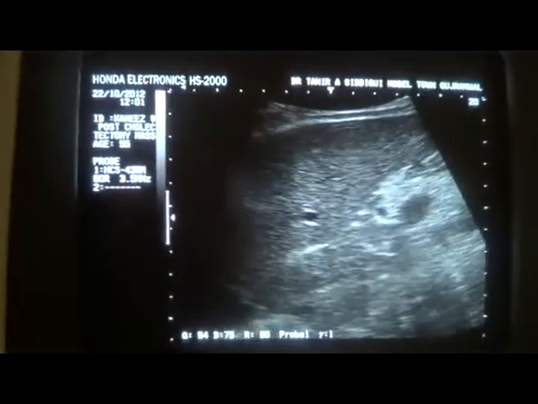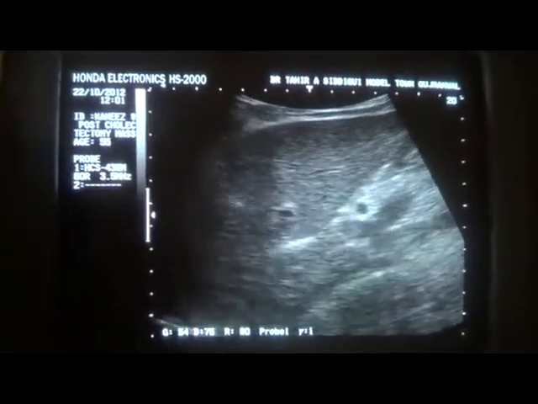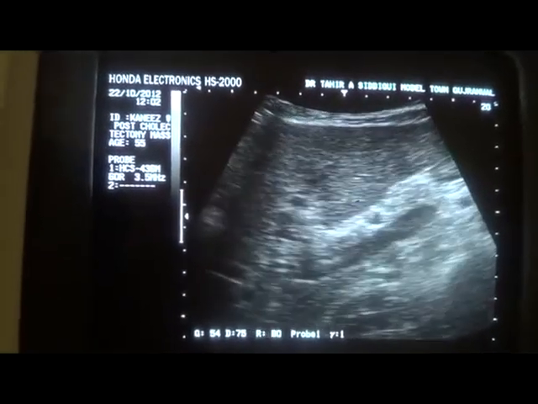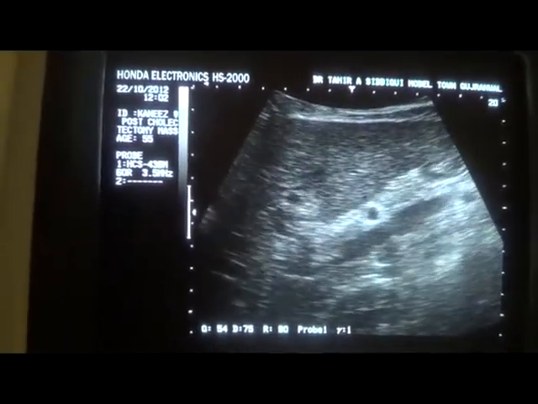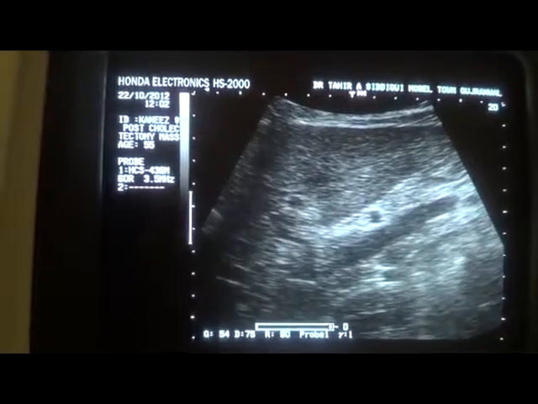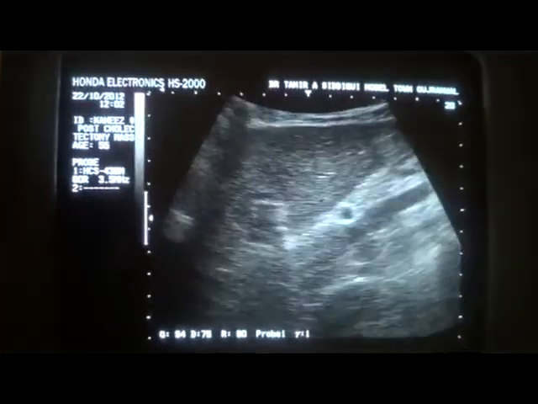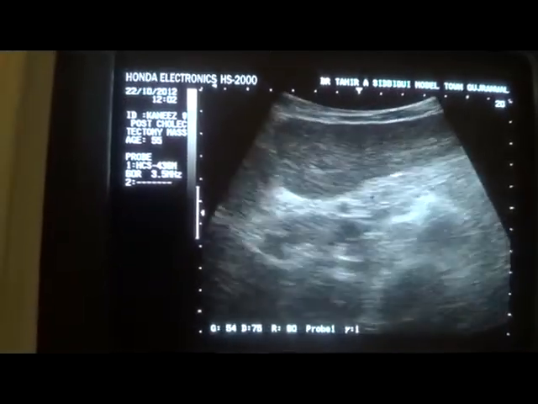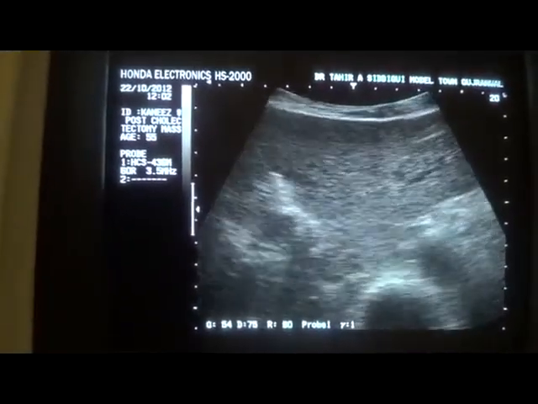Caudate lobe is normal. There is no adenopathy seen in the region of the porta hepatis. This is the region of the porta hepatis. Liver is mildly cirrhotic. Early cirrhotic changes are seen in the liver.